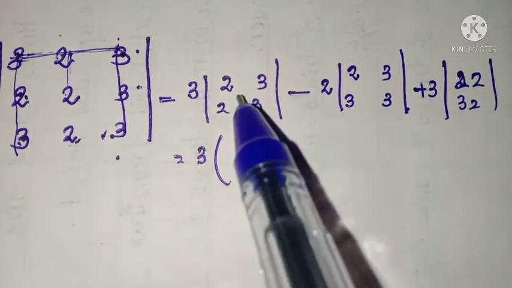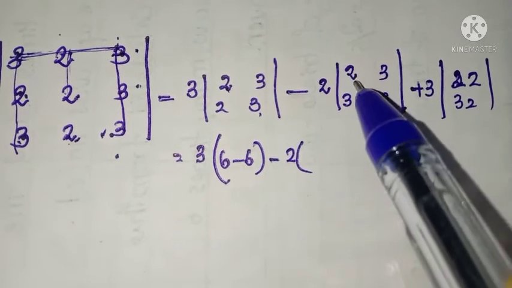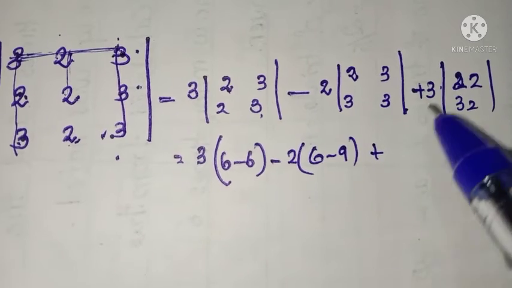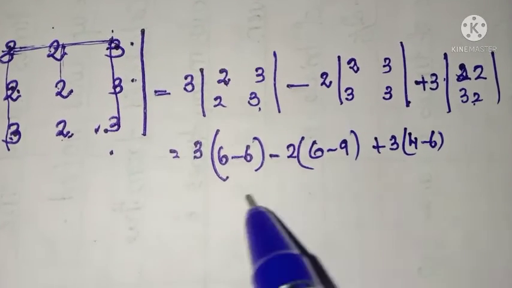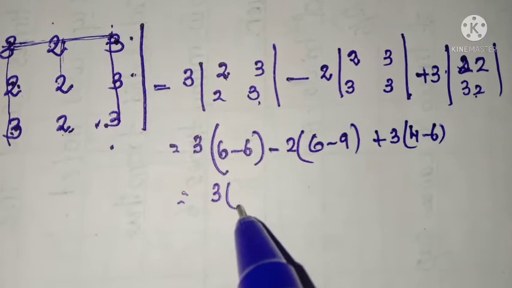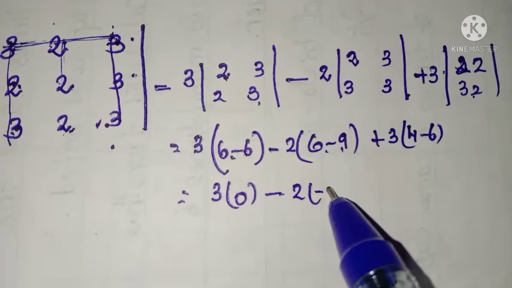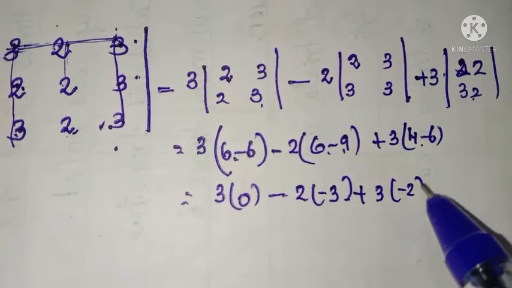So 3 into (6 minus 6) minus 2 into (6 minus 9) plus 3 into (4 minus 6). This is equal to 3 into 0 minus 2 into minus 3 plus 3 into minus 2.